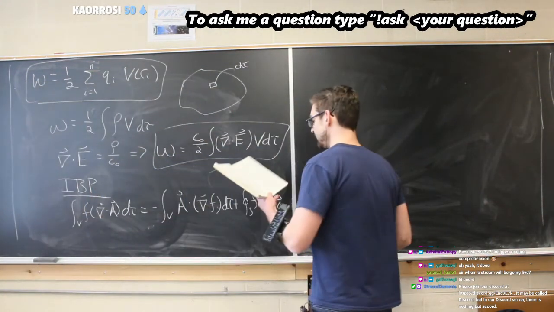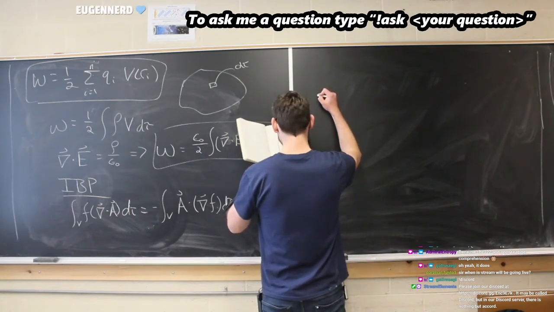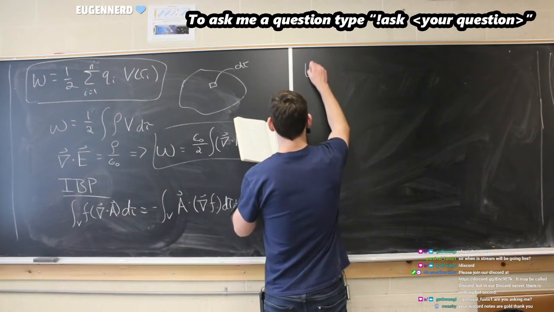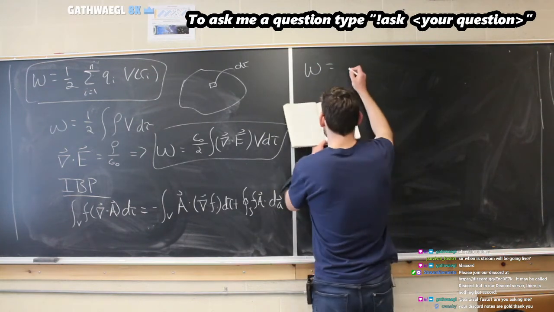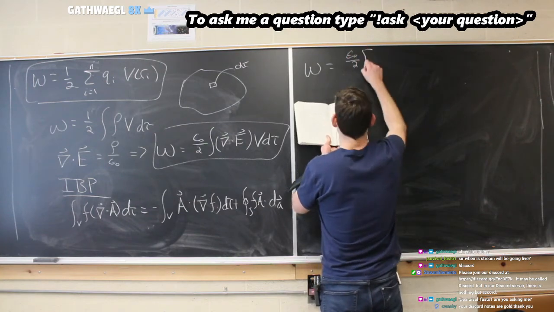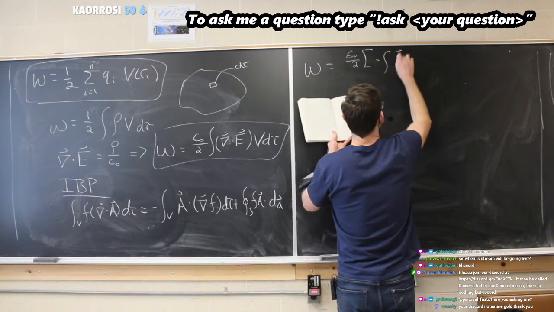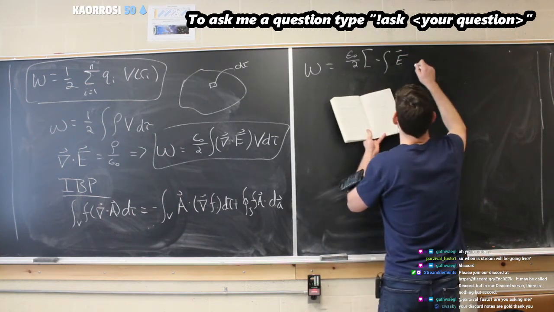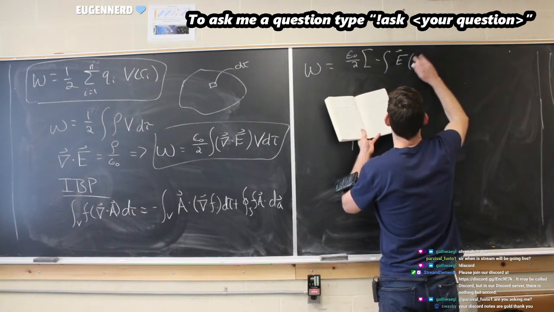Now, what happens if we split it up? Well, let me show you what ours looks like. So the work now is going to be equal to epsilon naught over 2 times the quantity of minus the integral of vector E times the gradient of V. Stop this.